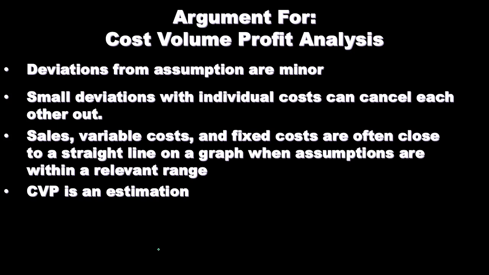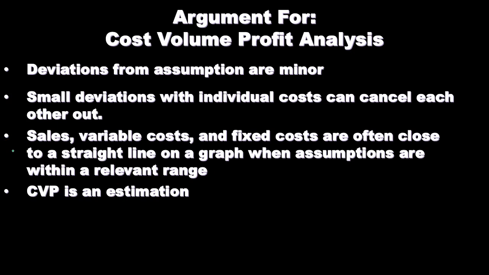The sales, variable costs and fixed costs are often close to a straight line on a graph when assumptions are within a relevant range. And remember, there was an assumption saying that we're assuming that the variable costs, fixed costs, and the sales are going to be constant. And they could change, and that's true, and it depends on industry, but usually they're going to be fairly constant within a relevant range.